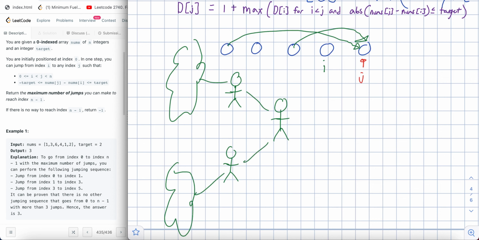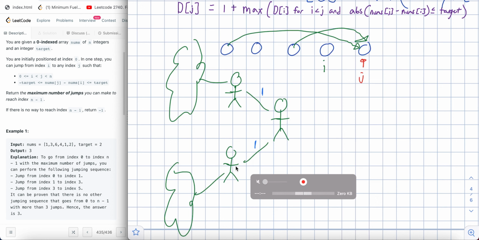And I'm trying to say, how many friends do you have to your left? I'm trying to find how many friends I have to my left. Well, I just have one more friend than however many people this person has to their left. I don't need to traverse this whole system to find the number of friends I have to my left.